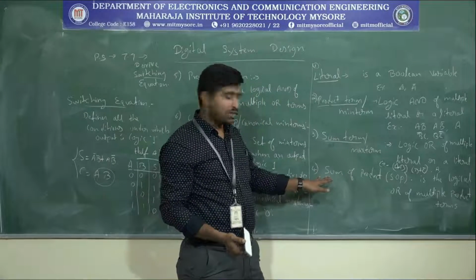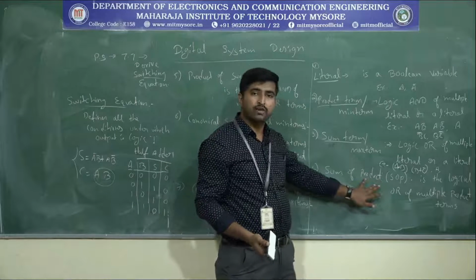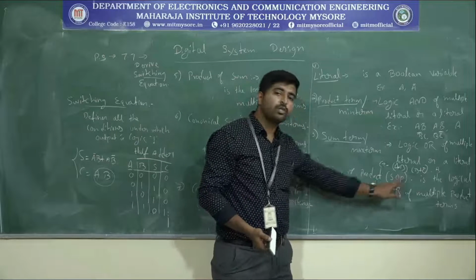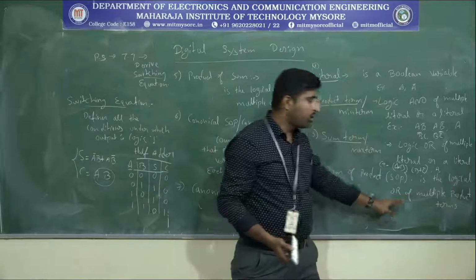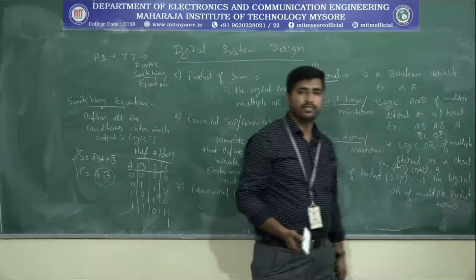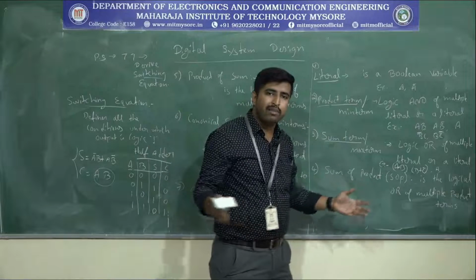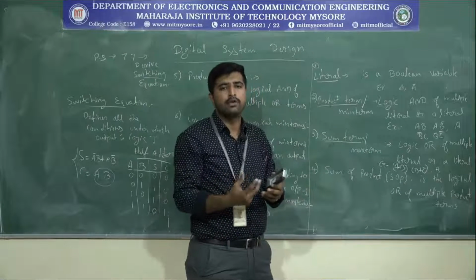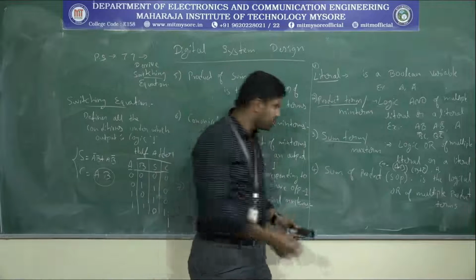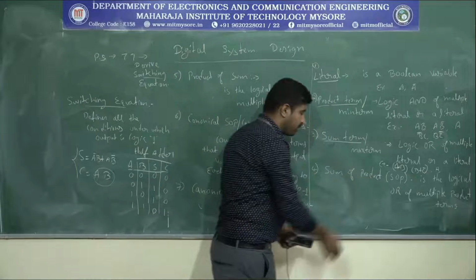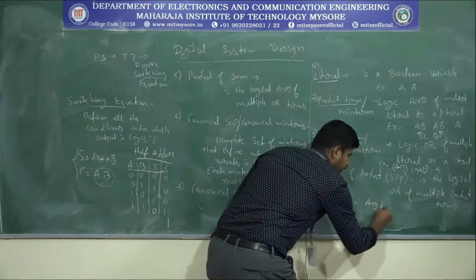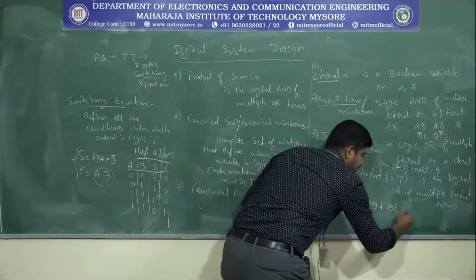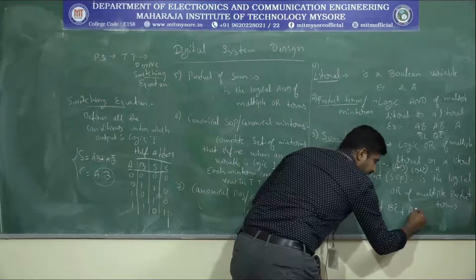Next, another terminology is the sum of product, usually called SOP. What is the sum of product? Sum of product is the logical OR of multiple product terms. Multiple product terms are connected, or summed together, and the complete expression is called a sum of product. For example, AB plus BC bar plus AC.